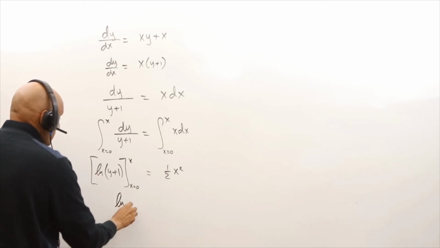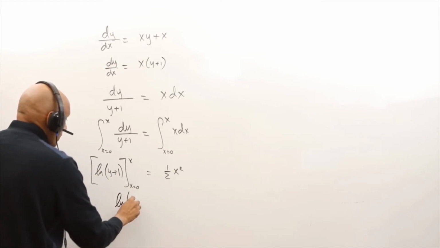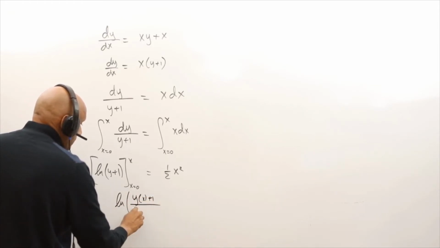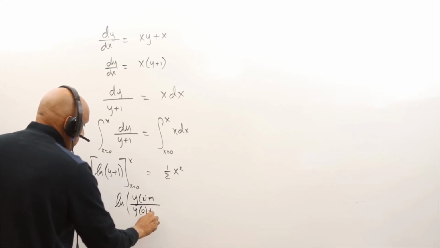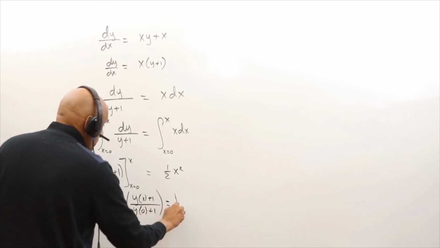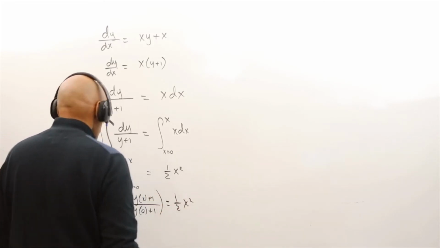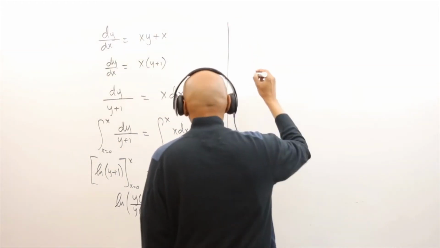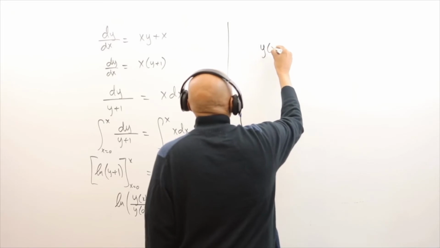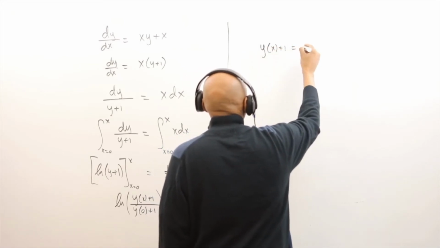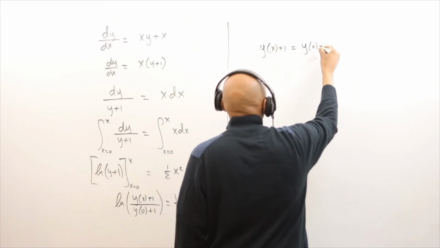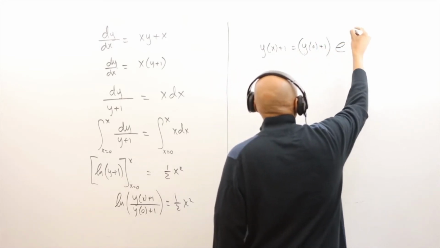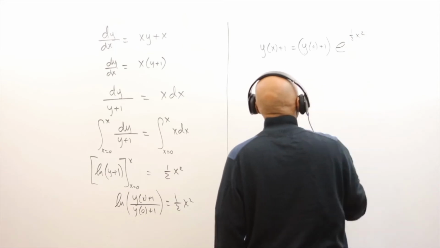So the first one is the logarithm of y at x plus 1 over y at 0 plus 1 is equal to 1/2 x squared. I'm skipping steps. So taking the exponentials on both sides, we get that y at x plus 1 is equal to y at 0 plus 1, parentheses, of the exponential of 1/2 x squared.